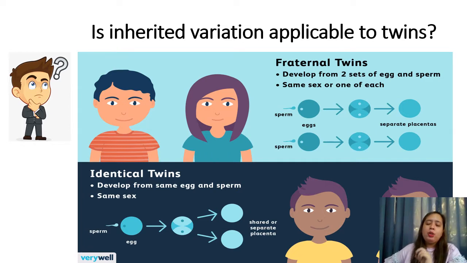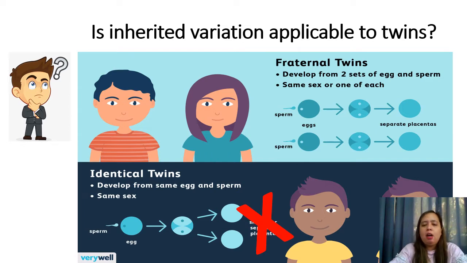It happens. So, in these two ngayon, my question is, between fraternal twins and identical twins, which do you think has inherited variation? 5, 4, 3, 2, and 1. Okay. Here, okay, in inherited variation, it is not applicable to your identical twins.